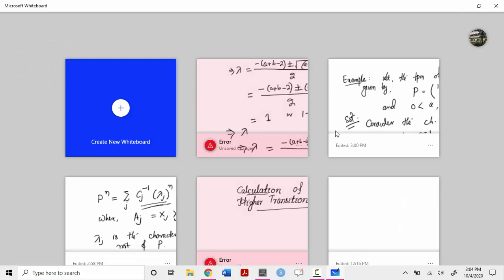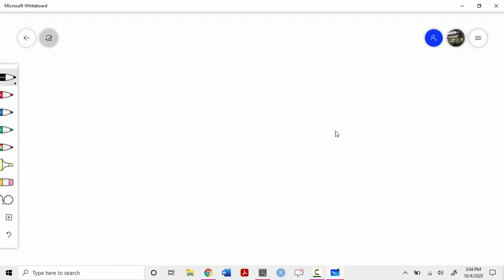Now we shall find in the next step the left eigenvectors and the right eigenvectors. So now while solving the latent roots for the transition probability matrix, generally we find that one of the roots must be equal to 1 and the other one has magnitude less than 1.